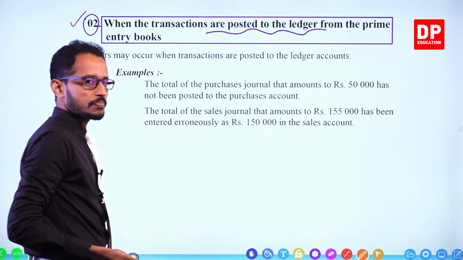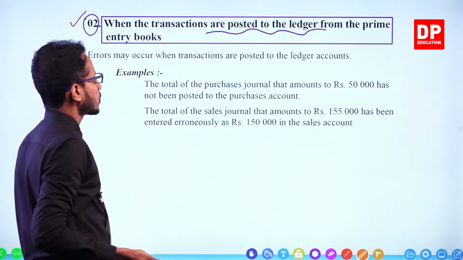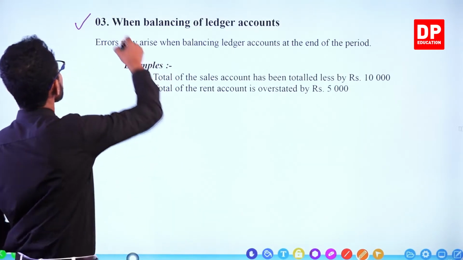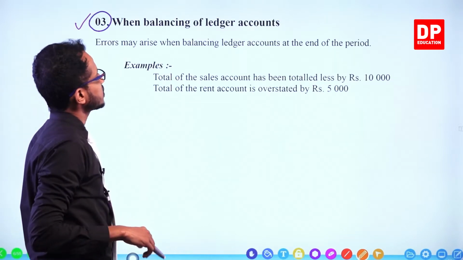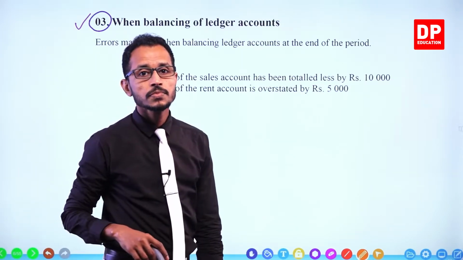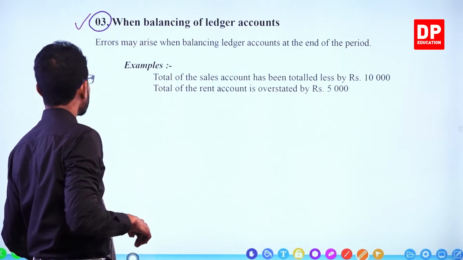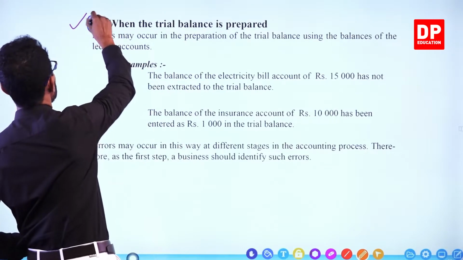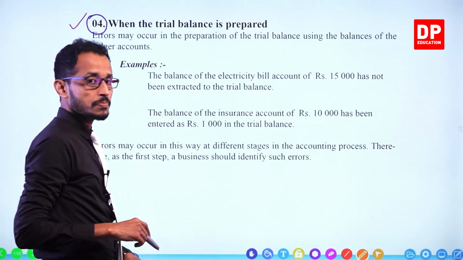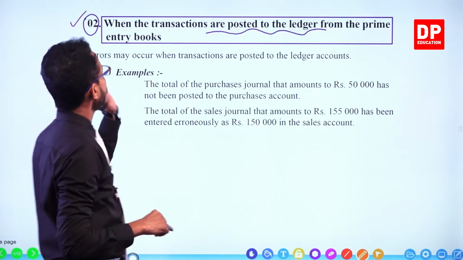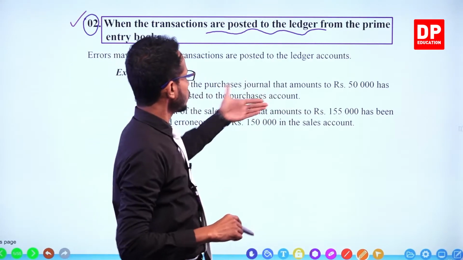Examples are also given. But the next one, third place, when balancing ledger accounts. Fourth place, when preparing the trial balance. I want to talk about these examples too, okay?